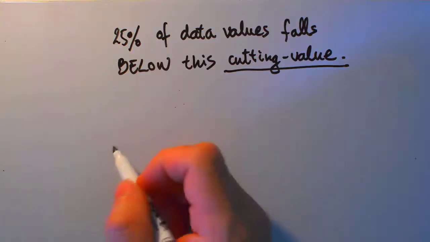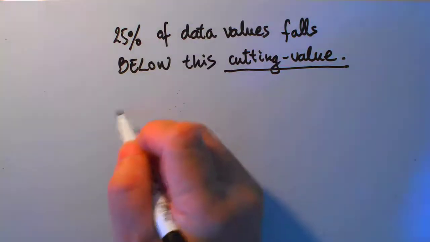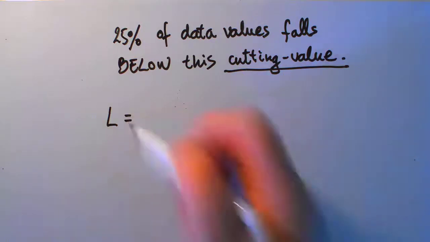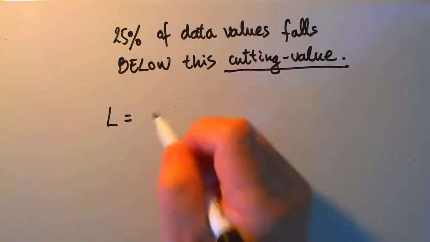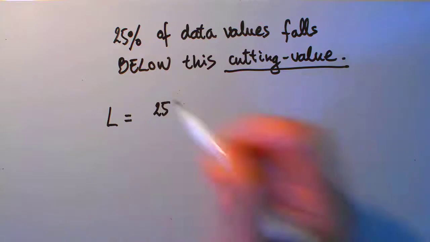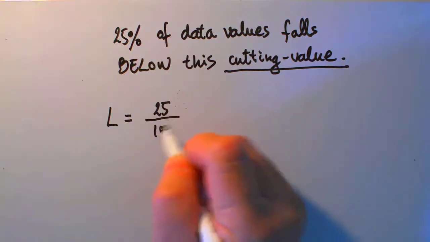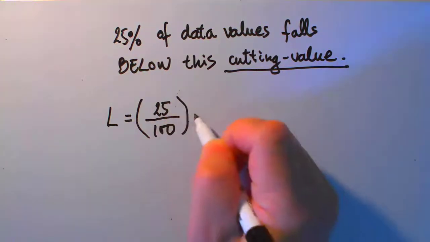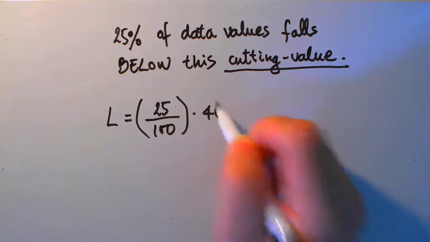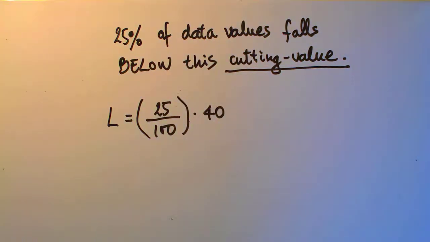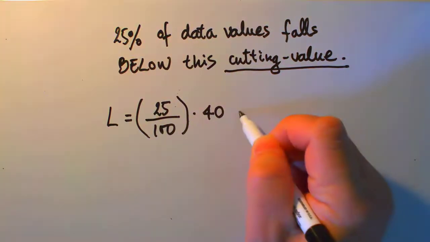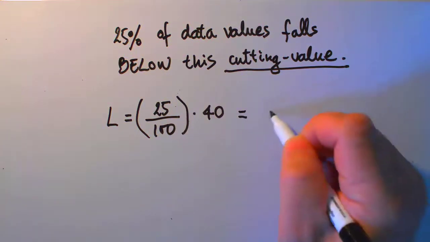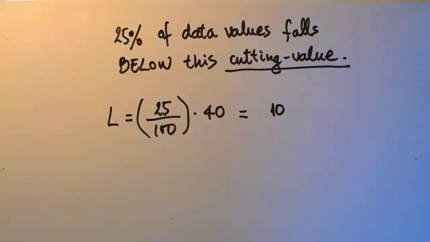In that understanding, my locator is the first key step to come out right here: 25% of data falling below that cut, out of 100, multiplied by 40. This time, the math quickly turns out to be 10 immediately.